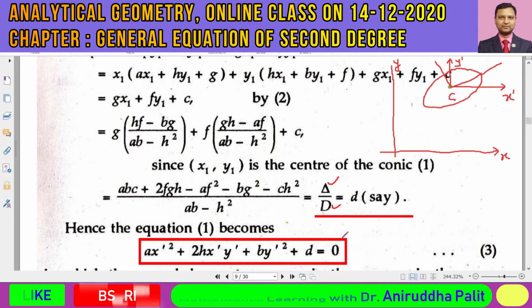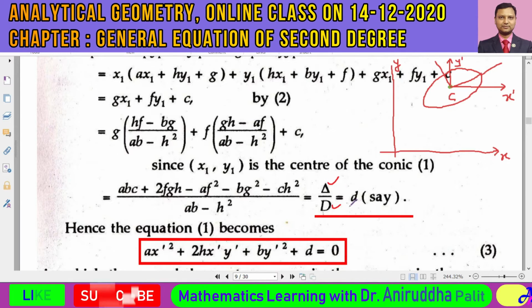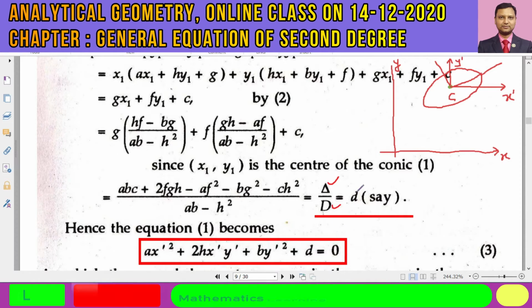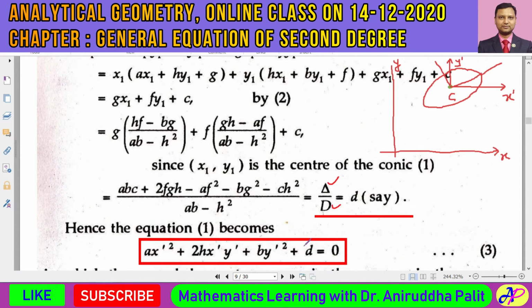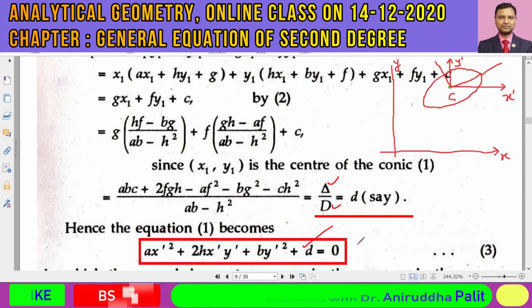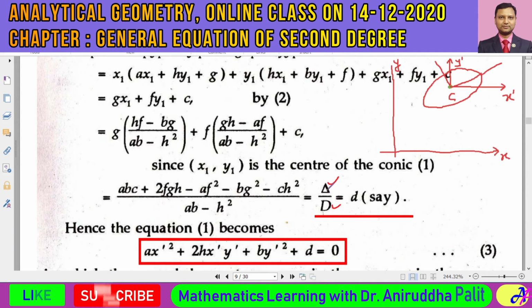So this is permissible. Therefore we observe that the constant term d becomes equal to capital delta by capital D.